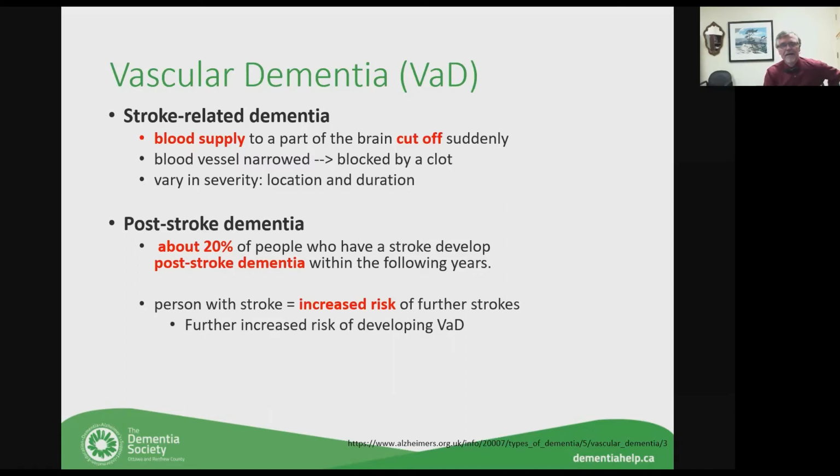About 20% of people that have had a significant stroke in the years that follow will develop dementia. And of course, a person who's already had a stroke is at increased risk of having more. The more strokes you have, as you can imagine, that will accumulate, and the impact on the brain will be to develop dementia.